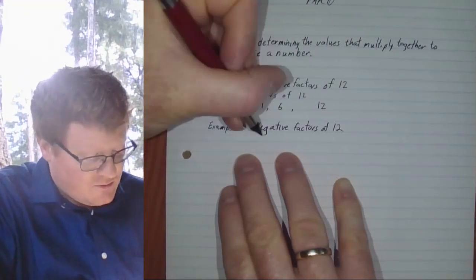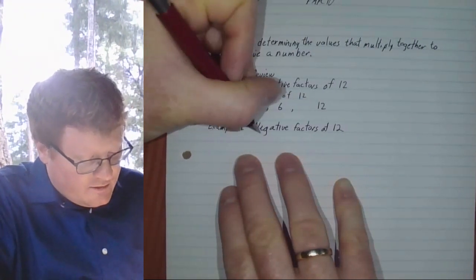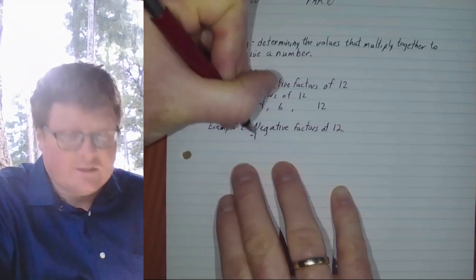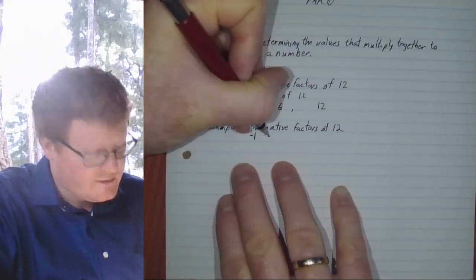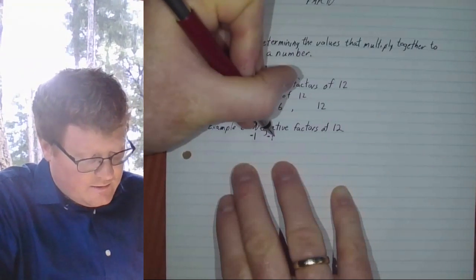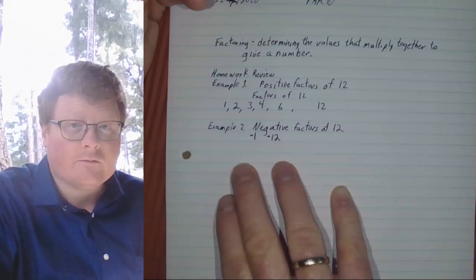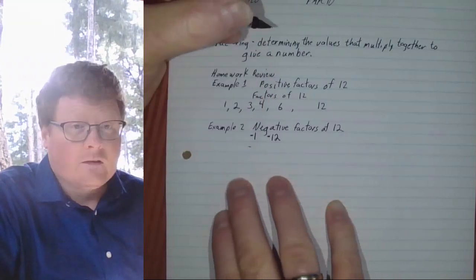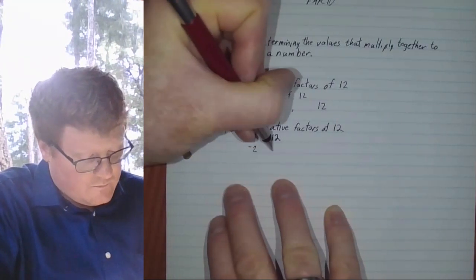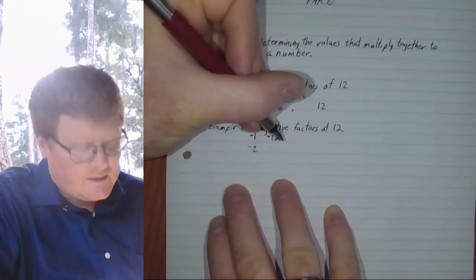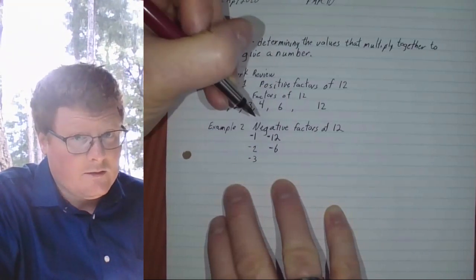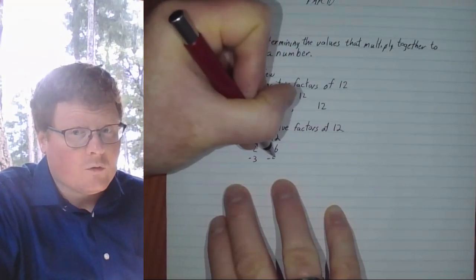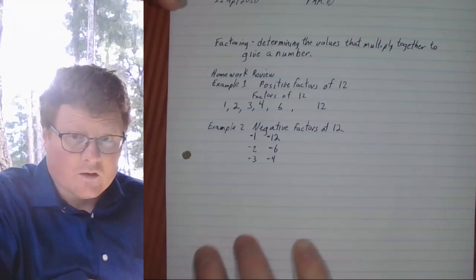So we would be looking at the same terms. Let's start at negative 1. Negative 1 times what would give you positive 12? Well, I know it's going to need to be a negative number. Negative 12. Negative 2, negative 6. Negative 3, negative 4.